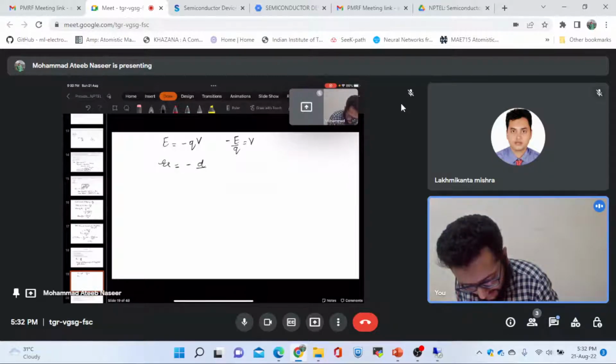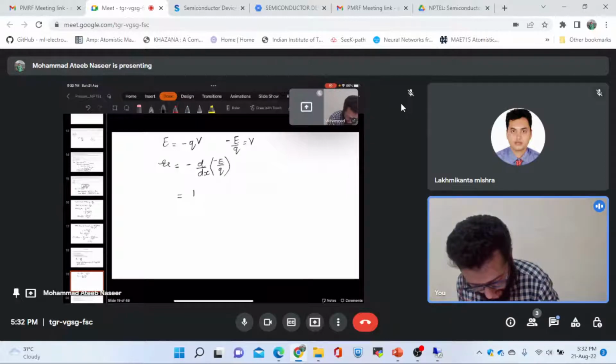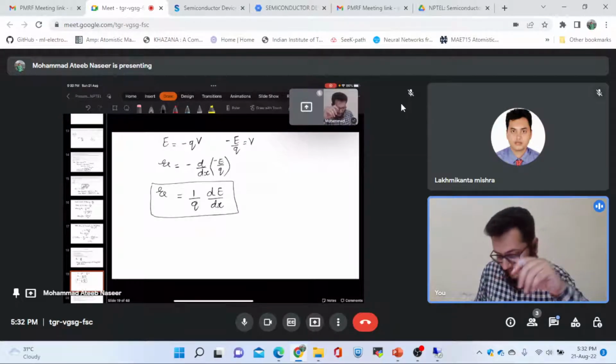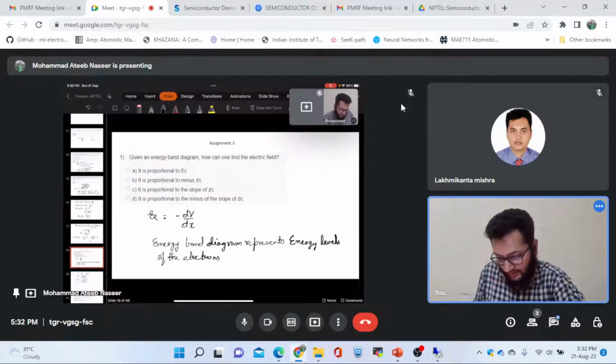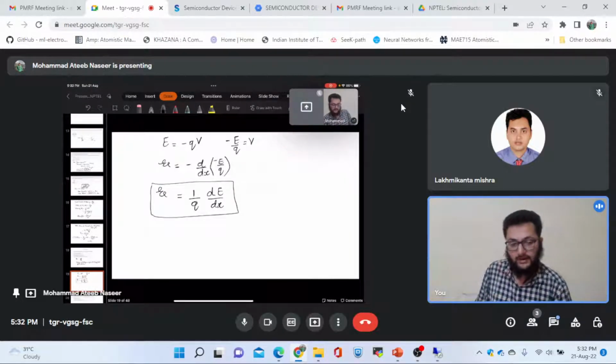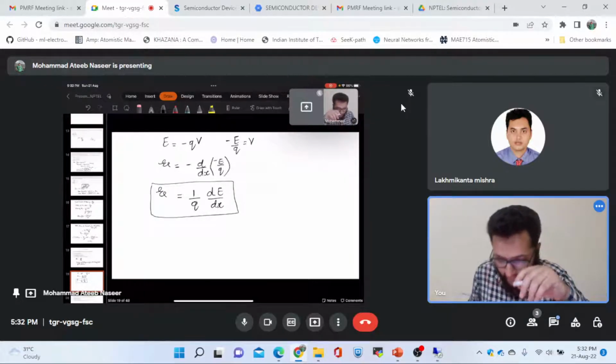It will be minus d by dx of minus of E by Q. So it will simply be equal to 1 by Q dE by dx. So, as rightly said by Lakshmikanta, we will be getting the option to be proportional to the slope of the energy. But here I have not written conduction band because it depends upon the reference.